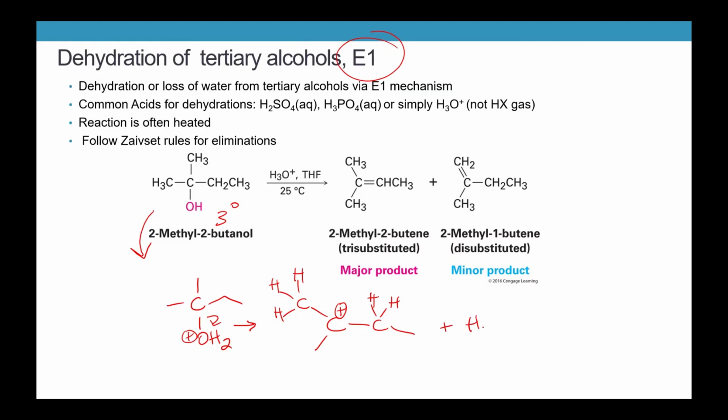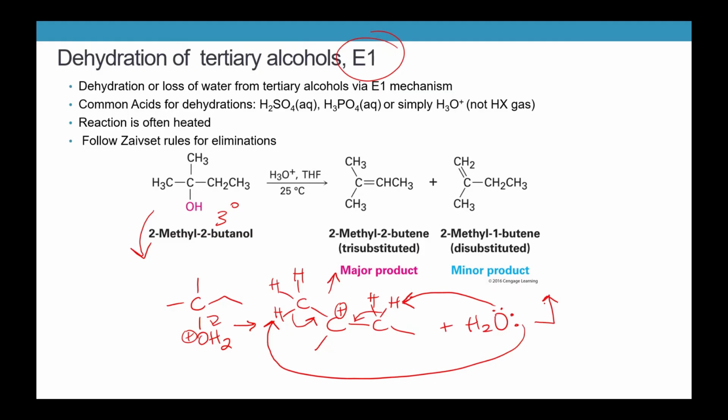So if we deprotonate at the ethyl, we're going to deprotonate and then form a pi bond. That's going to result in this product, and that's going to be our major product. If we deprotonate at one of the methyl groups, we're going to form a pi bond here, and then that's going to lead to the minor product.